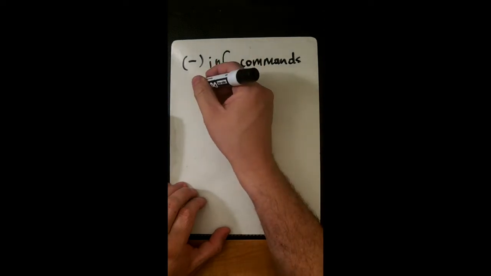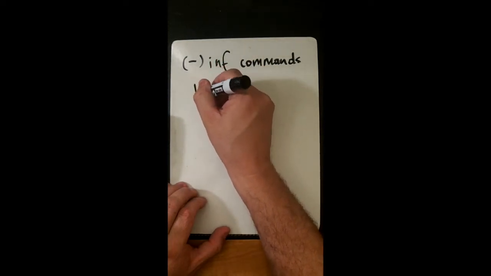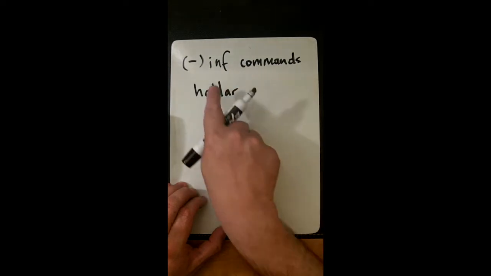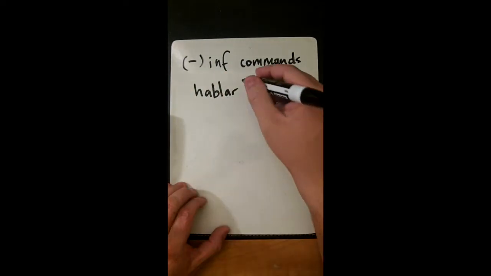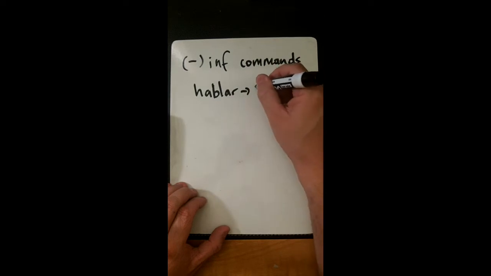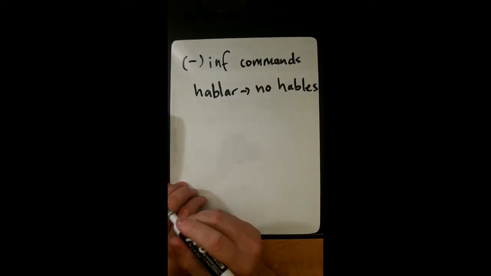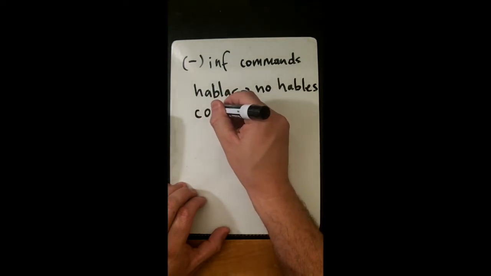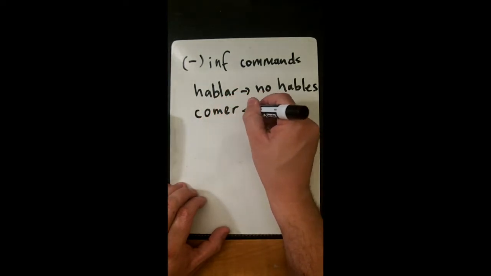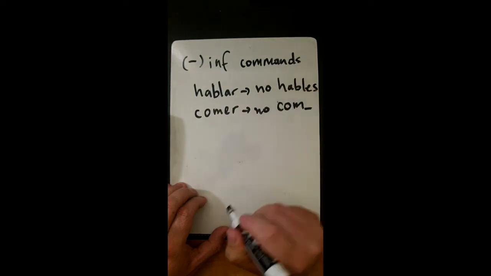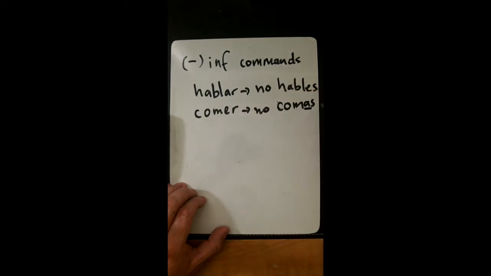for instance, the negative informal command of hablar is going to be no hables. The negative informal command for comer is going to be no comas, exactly.